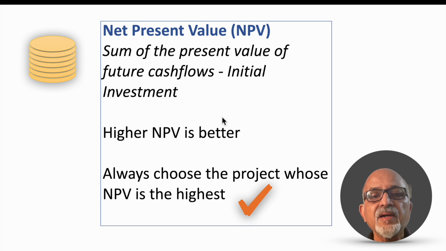The higher the NPV, the better; that means it is more profitable. So always choose the project whose NPV is the highest. If you have 5 project ideas, we must do this cash flow analysis for all 5 projects and see which one gives us the maximum NPV in the shortest possible time.